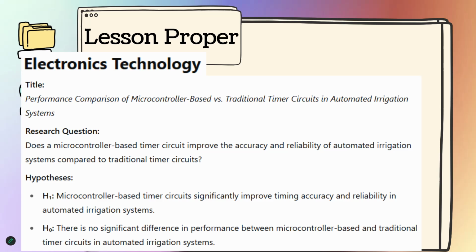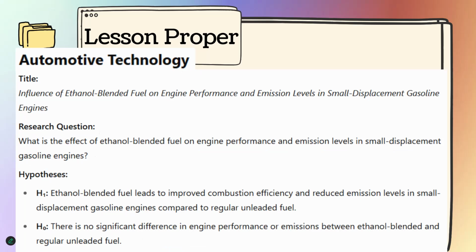Okay, so the hypothesis for this study, the alternative hypothesis is microcontroller based timer circuits significantly improve timing accuracy and reliability in automated irrigation systems. And the null hypothesis, there is no significant difference in performance between microcontroller based and traditional timer circuits in automated irrigation systems.